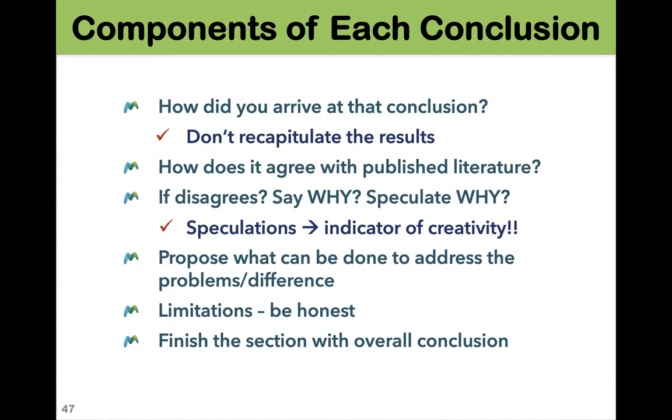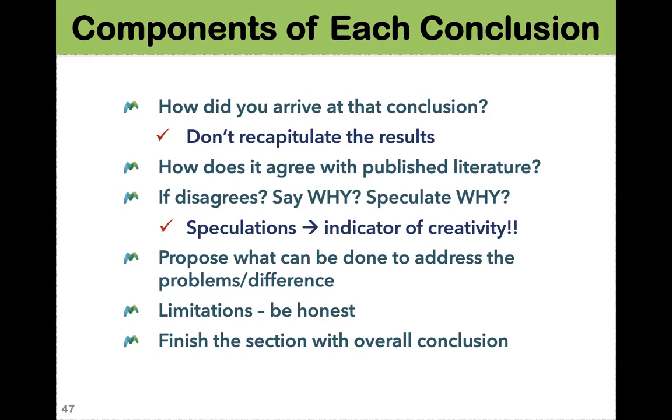And then you say we can address the differences if the experiment was done this way or differently. You also have to say what the limitations of your own experiment are. Writers think that editors or reviewers will somehow overlook some limitations.